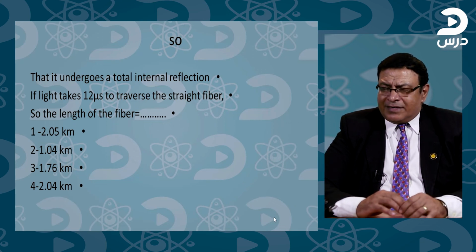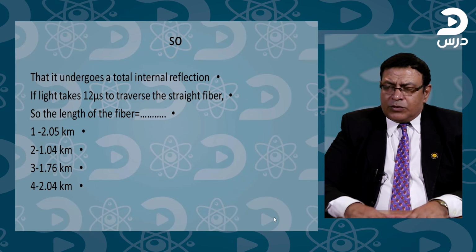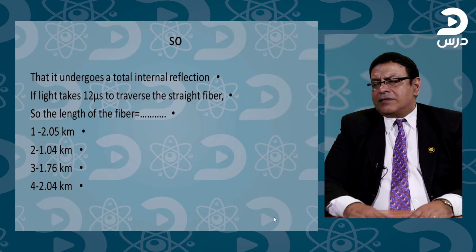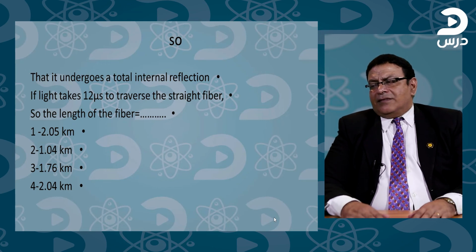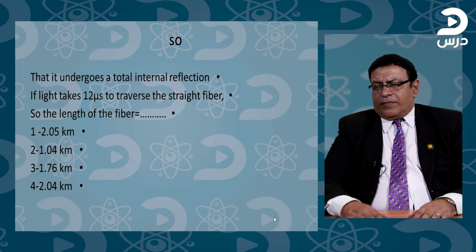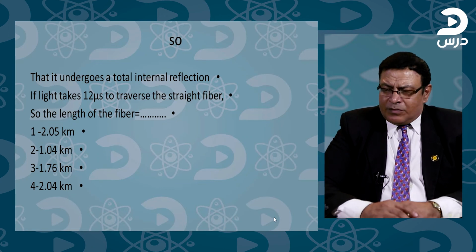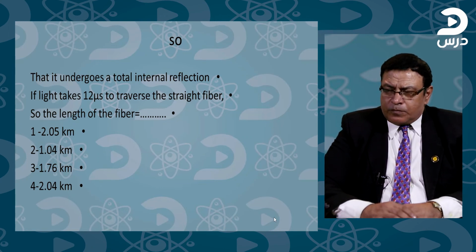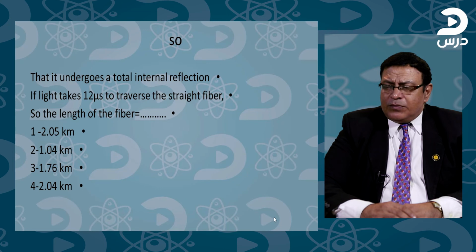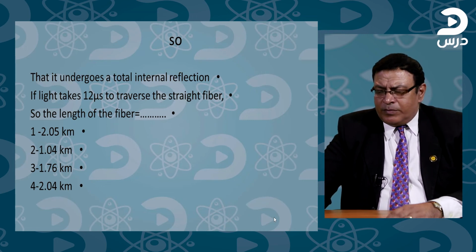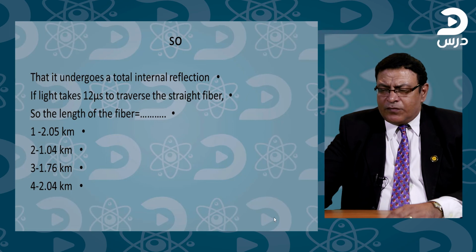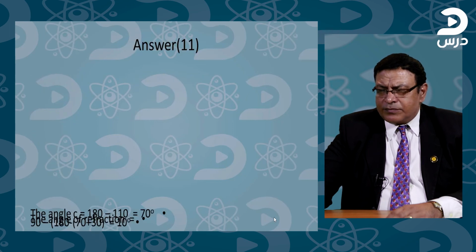If light takes 12 microseconds to travel through the straight fiber, so the length of the fiber وقال لي for choose 2.05 كيلومتر ولا 1.04 كيلومتر ولا 1.78 كيلومتر ولا 2.04 كيلومتر.